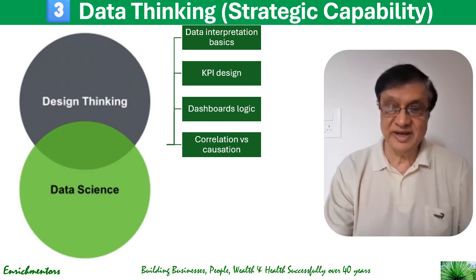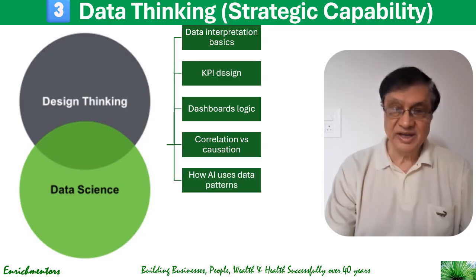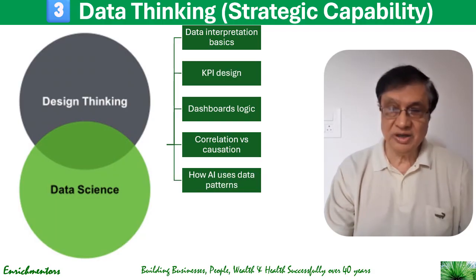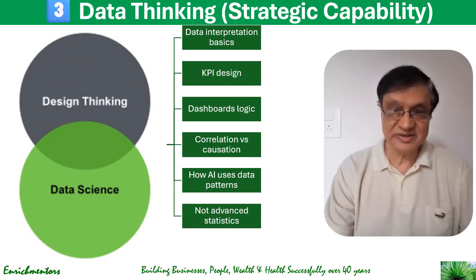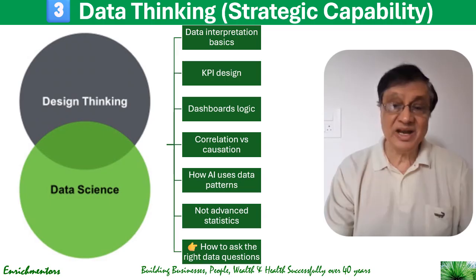And how to use AI for data patterns, by understanding how AI uses data patterns. And you don't need to worry about learning advanced statistics, but you need to learn how to ask the right data questions, right? So that's what you need to learn about data thinking as a strategic capability.